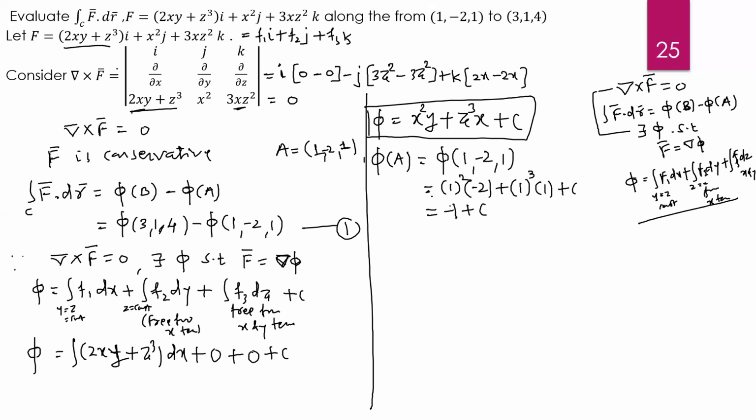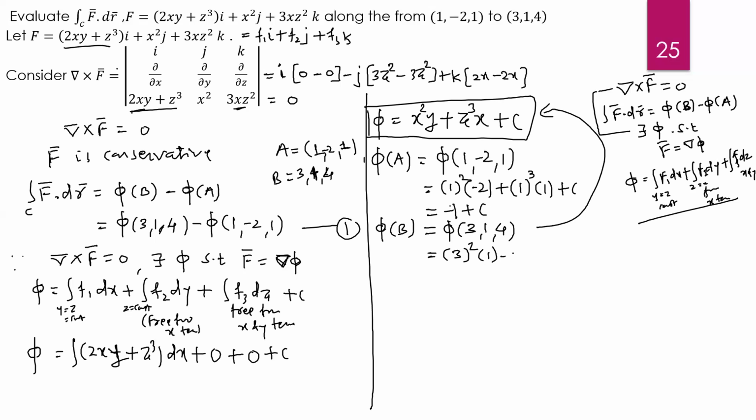Okay. Now the upper limit, phi of B. We consider B equal to (3, 1, 4). That is phi of (3, 1, 4). So substitute here x equal to 3, that is 3 square into y equal to 1, plus 4 cube into 3, plus c.